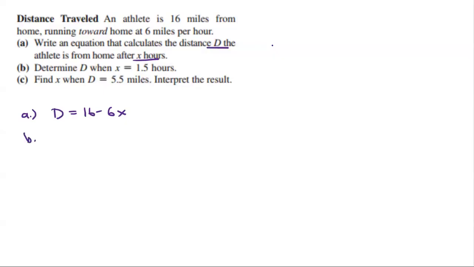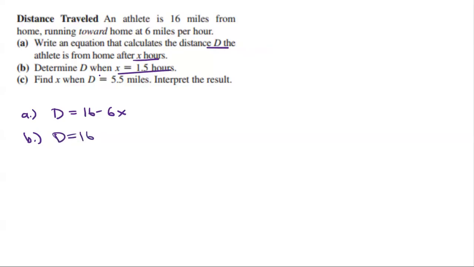How about for B? What's our answer for that? Exactly, right? So A and B help each other. B will support your answer for A. So for this case, we want x to be 1.5 hours, so we just plug that in for x.